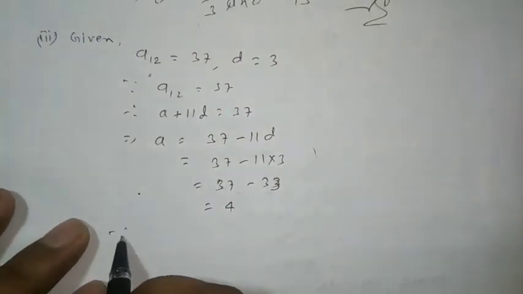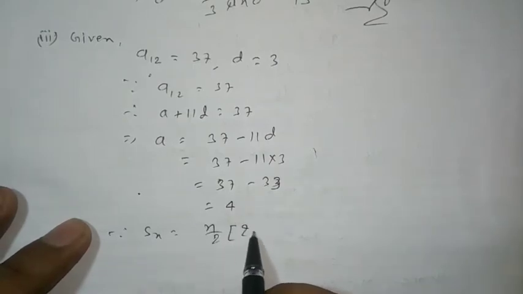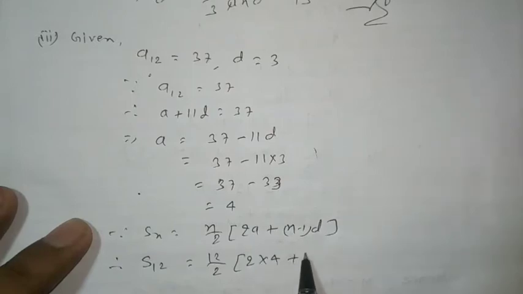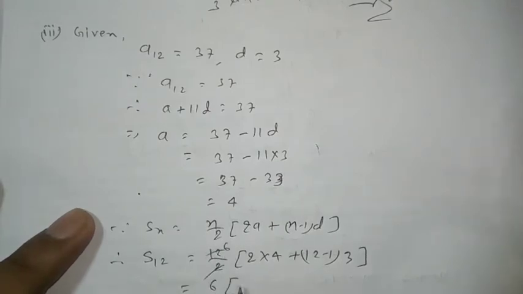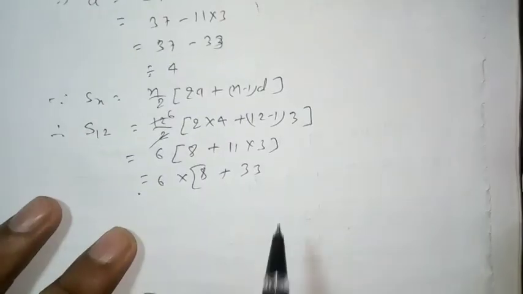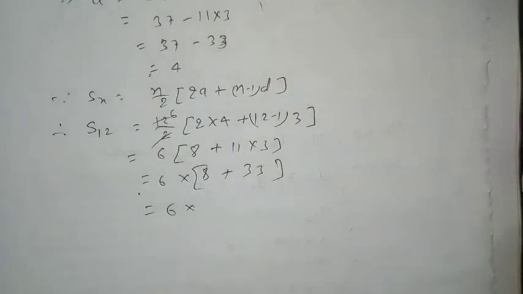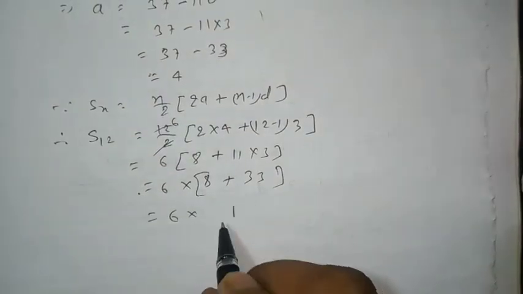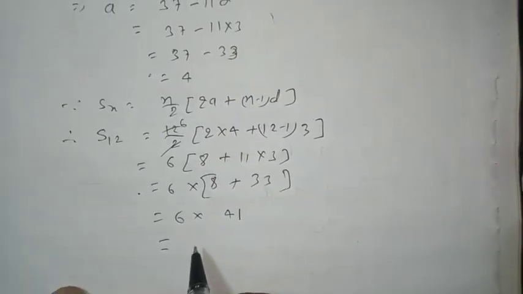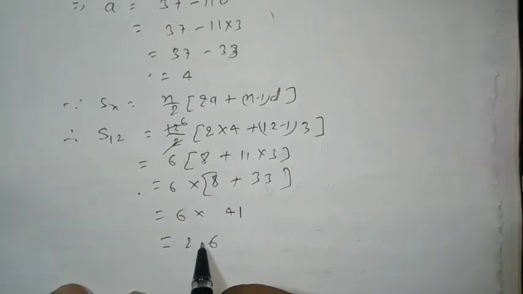Now, because Sn is equal to n by 2 into 2a plus (n minus 1) into d, therefore S12 is equal to 12 by 2 into [2 into 4 plus (12 minus 1) into 3], which is 6 into [8 plus 33], which is 6 into 41, which is 246.